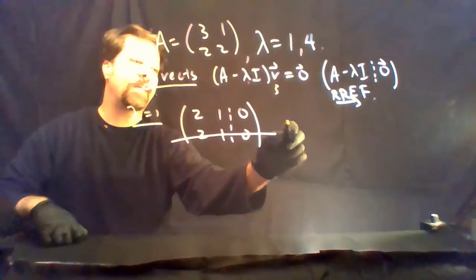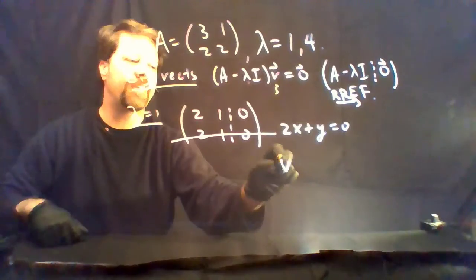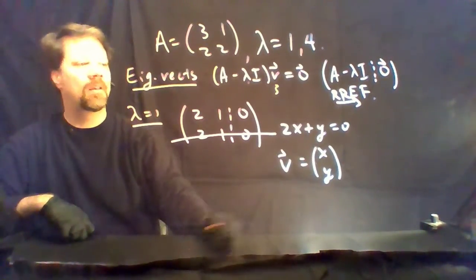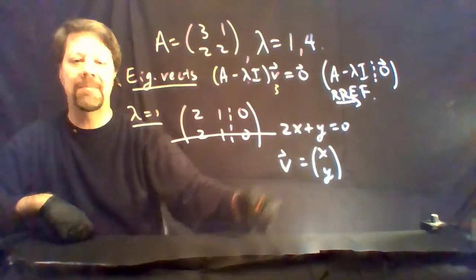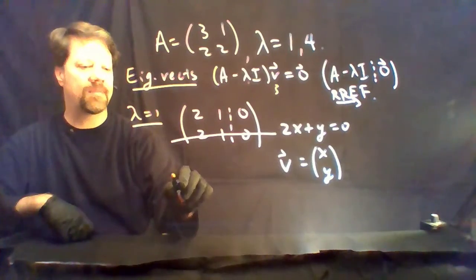The remaining equation is 2x plus y equals 0 if we assume the vector v has coordinates x, y. You can see that this has infinitely many solutions, but it always has solutions like this.